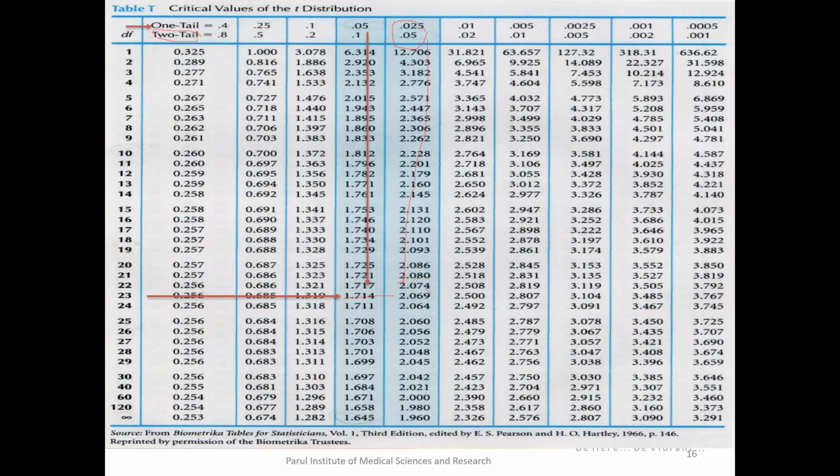So it is 2.069, which is nearest to 2.07. So this is our table value and this is our two-tail test.